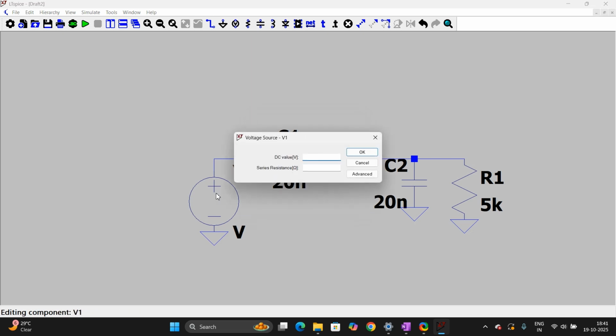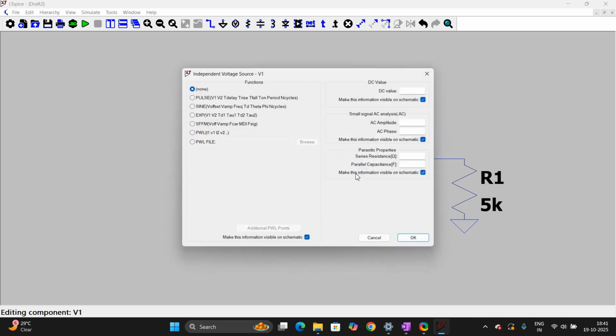And the voltage source is pulse, but this is a DC voltage, so you have to go to the advanced section, then click the pulse and make the initial voltage 0. V on is 5 volt. Make delay 0. Rise and fall time is 1 nanosecond. Make it practical. Then the T on time, this is an important part.